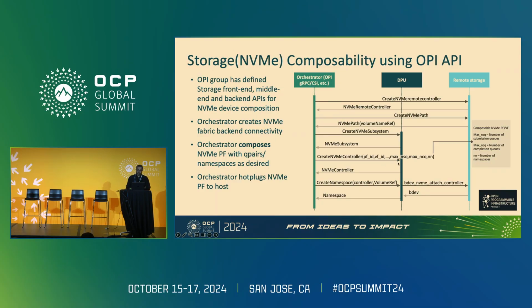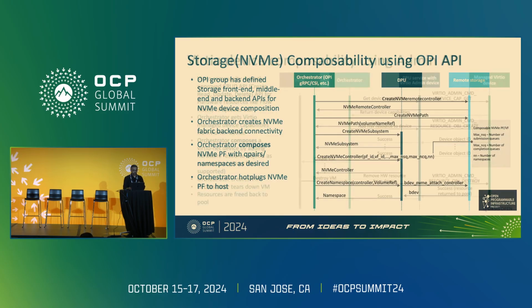While calling the create NVMe controller API, you can provide max queue pairs, max namespaces, and all the composability parameters you want before making the NVMe PF. Once this NVMe PF is created, the orchestrator sends a command to hot plug the NVMe PF to the host, and the host can then use the NVMe PF as it has been composed.